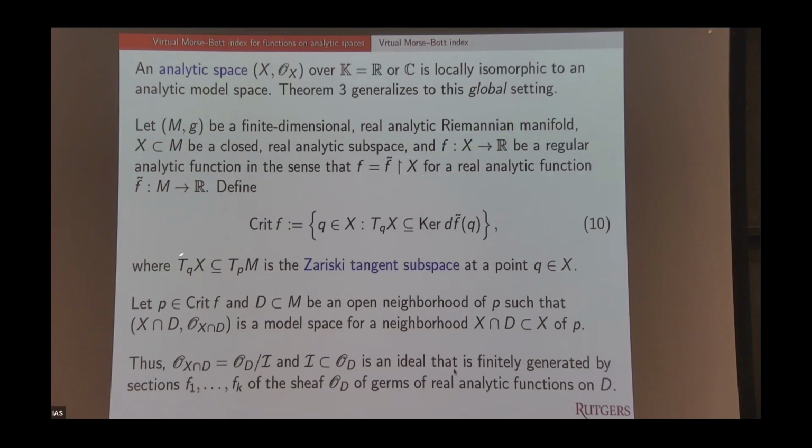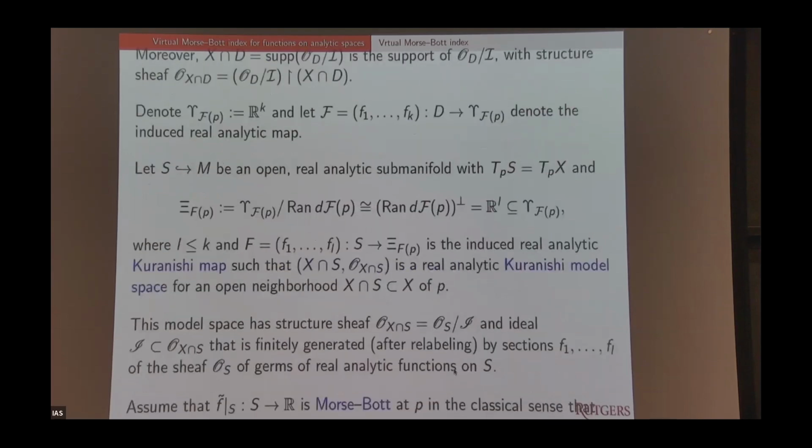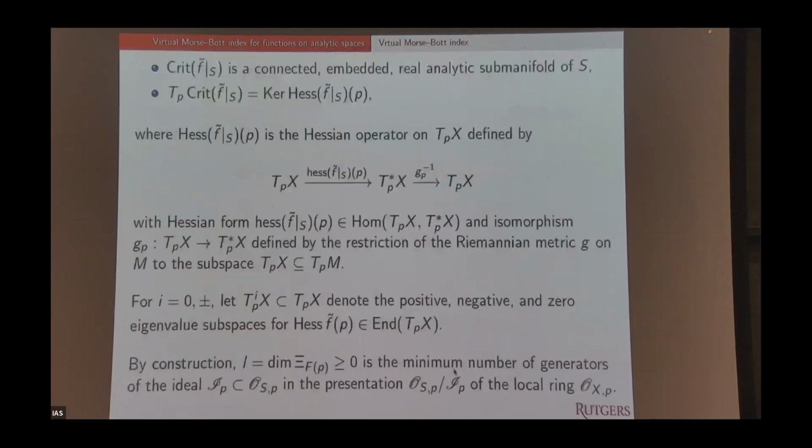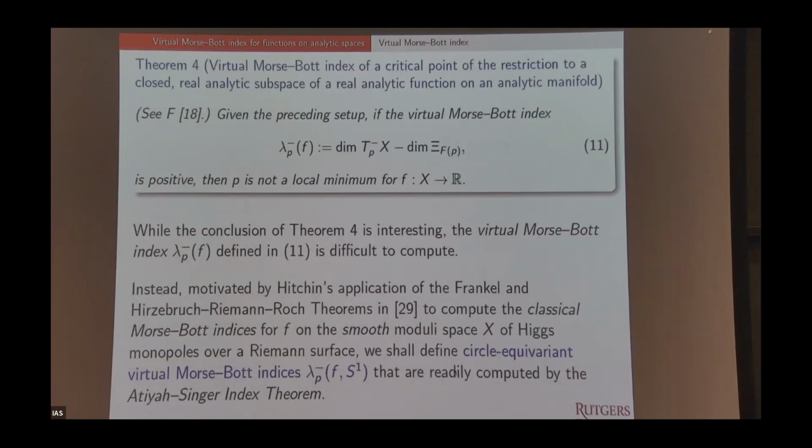And here, this is no longer the usual tangent space, it's the Zariski tangent space. Okay, so there's a little bit of rigmarole that one has to go through, and I will spare you the details. But at the end of the day, let me get to the key formula, and I'll just try to talk around the formula.